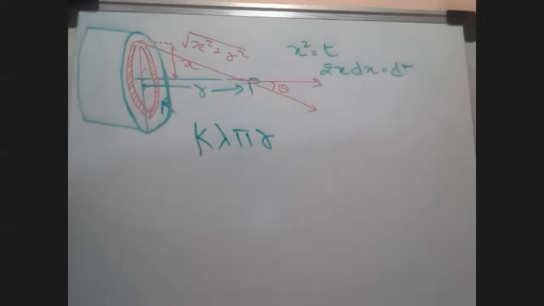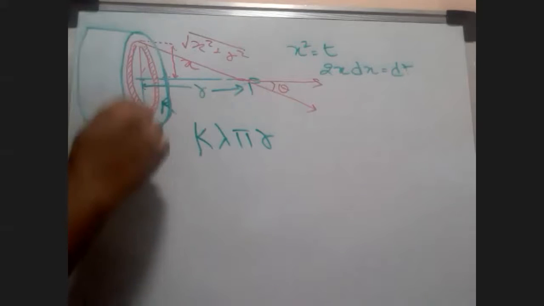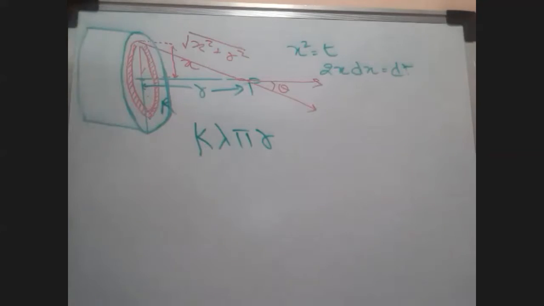Just like in linear charge we take a small element dx, in a similar way, for circular forms we take a ring. That ring has a certain distance x, and the thickness of the ring will be around dx.